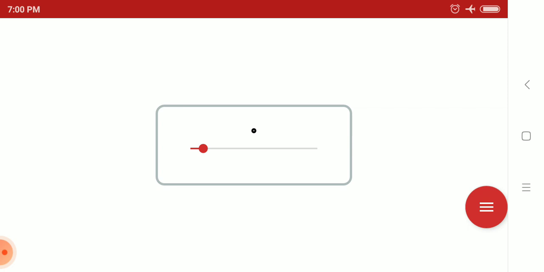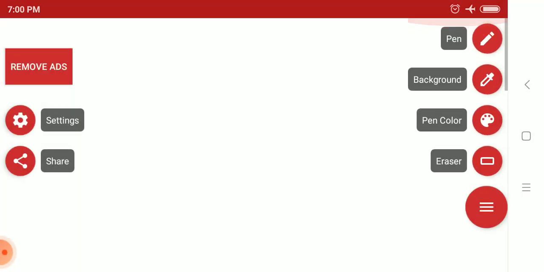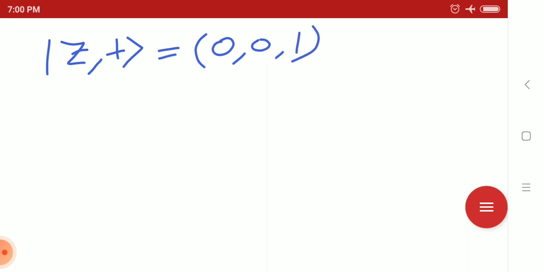First, in the Cartesian system, whenever an eigenvector is represented, z plus is represented as 0, 0, 1. But what is its actual form?